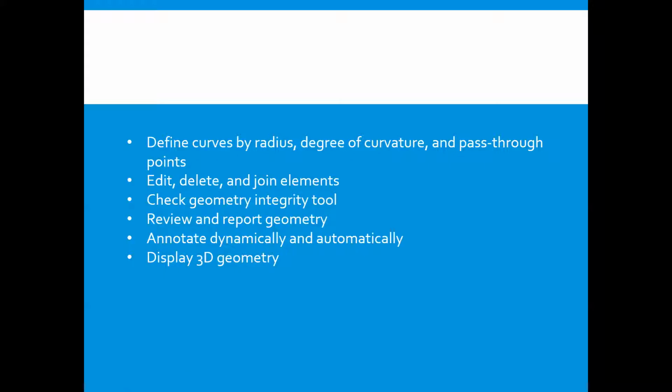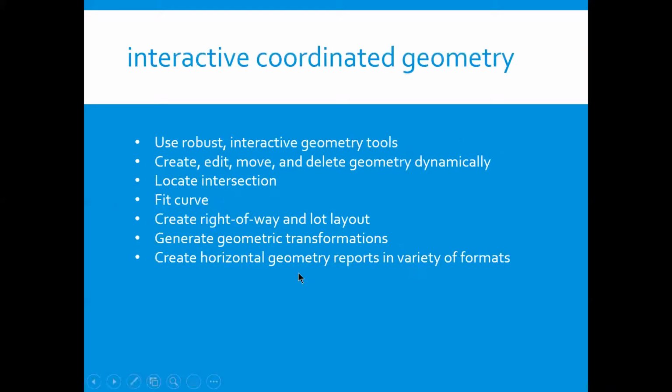The software enables you to edit the information, delete it, and join elements, which is vitally important for geometric design, whether it's vertical geometry or horizontal geometry. Check geometry integrity tool, review and report geometry, can provide a report, and annotate dynamically and automatically and display three-dimensional geometry.